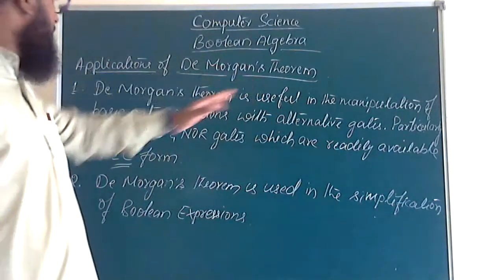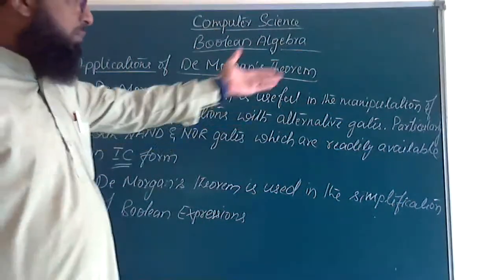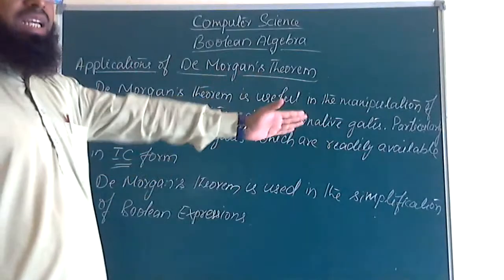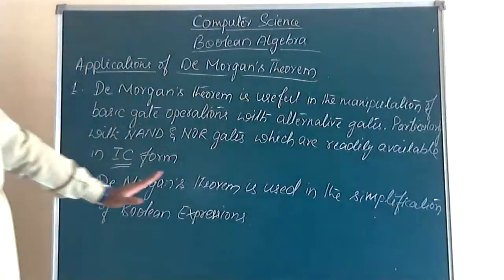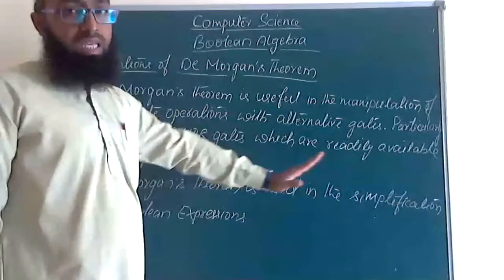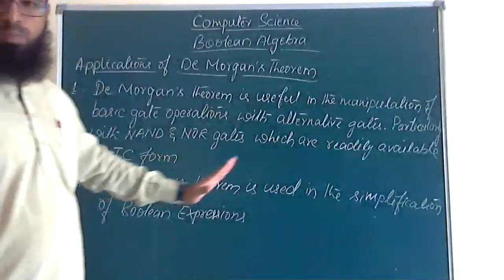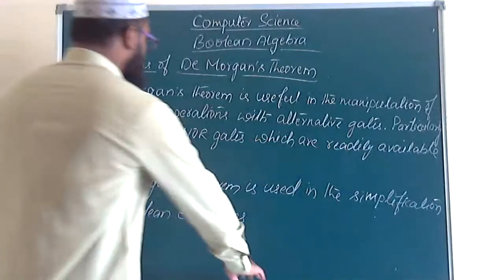It is useful in the manipulation of basic gate operations with alternative gates, particularly NAND and NOR gates, which are readily available in IC form. The next point is that De Morgan's theorem is useful in the simplification of Boolean expressions. Now come to the third point.